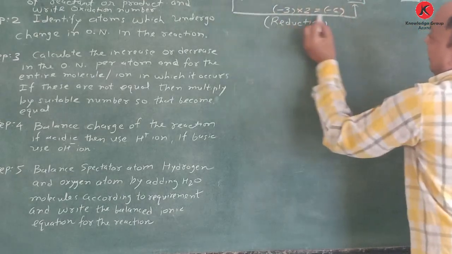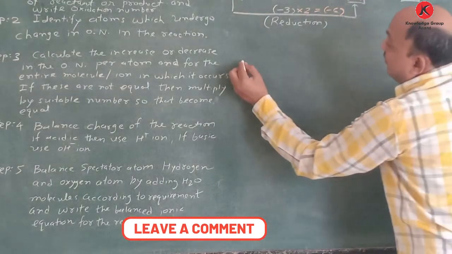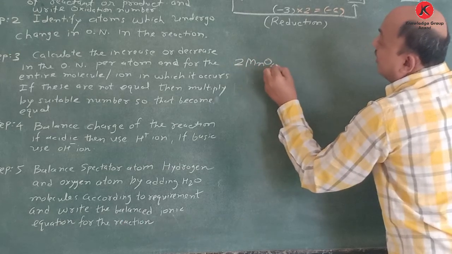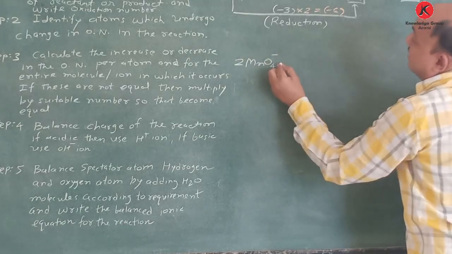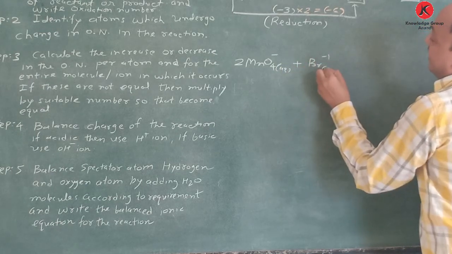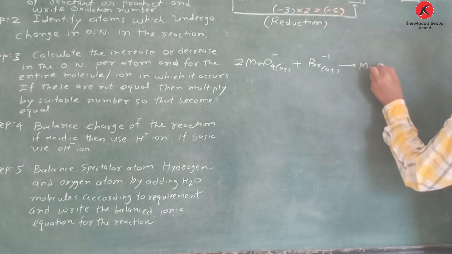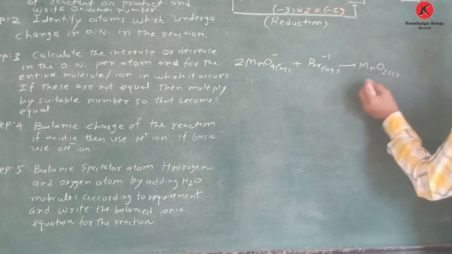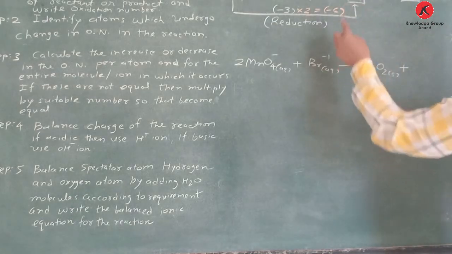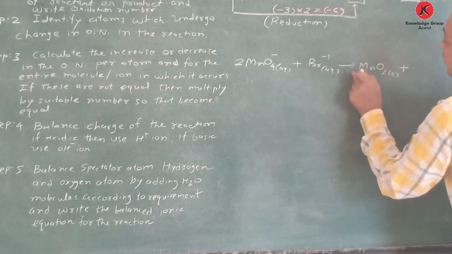Whatever the effect is, you have to multiply by 2 at this position and this position. The arrow shows the reaction. At which arrow do we multiply by 2? It is very, very important. So I write this reaction once again: 2 MnO4 minus aqueous plus Br minus 1 aqueous gives MnO2 solid plus, here MnO2 solid is there, but here you have to multiply by which number? 2.